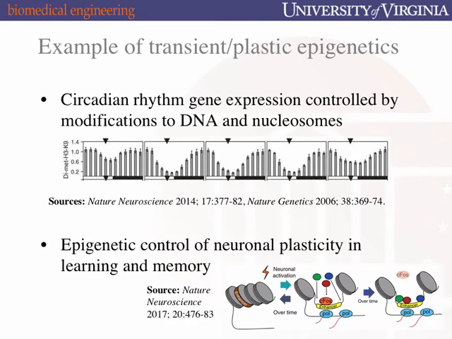If you have a particular event that opens up a locus, moves the nucleosomes out of the way there, and then as a result of that opening and the signals that gave rise to CFOS being able to go in and regulate transcription, if there are additional epigenetic events that modify the DNA or the nucleosomes in the vicinity to keep that locus open for longer than when the stimulus persisted, here now you can have an epigenetic state that was turned on very rapidly, but then persisted for a longer time, although we'll talk about how some of these marks can get reset. We forget things, okay? Things get reset. So there's another example of some reversibility in epigenetics.